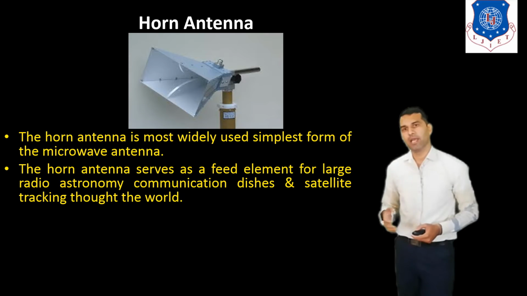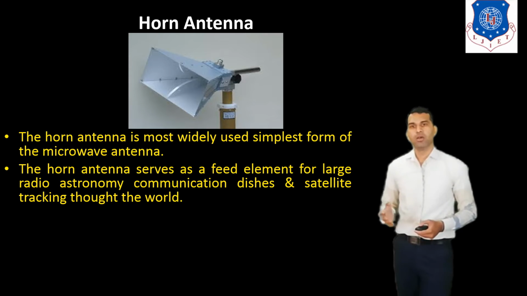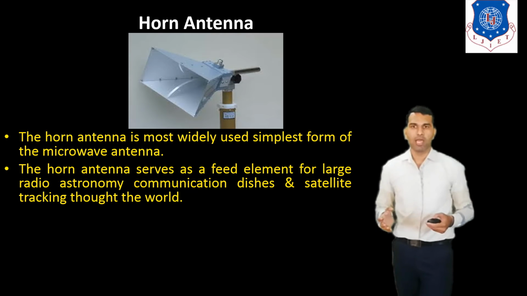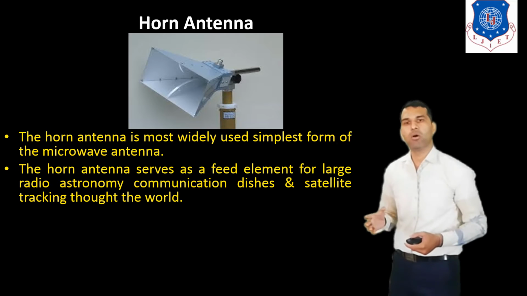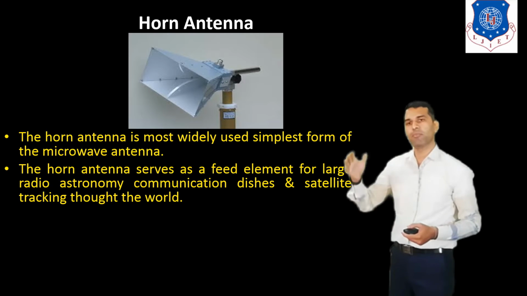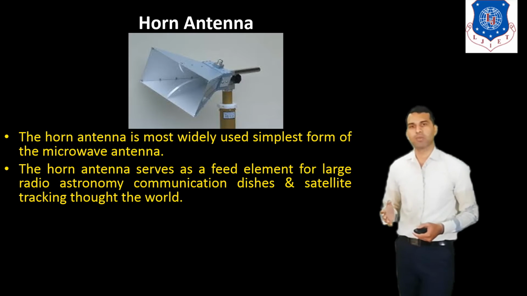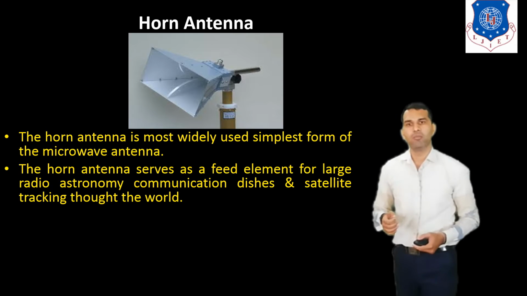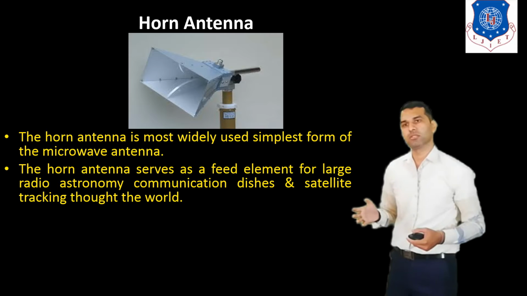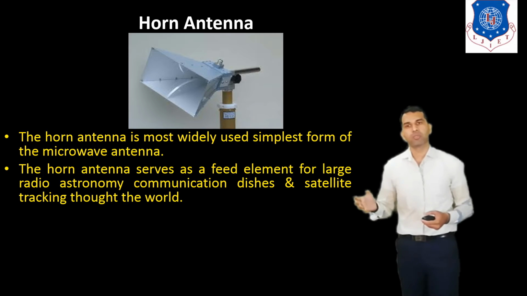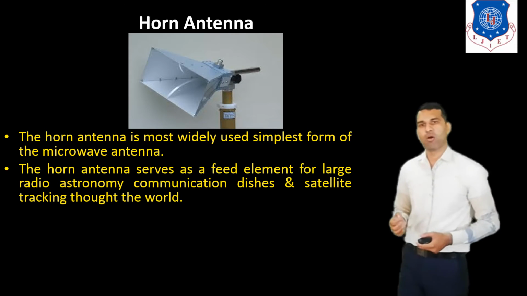We studied in the parabolic antenna that for the primary antenna we use the horn antenna, and we know that the parabola, known as the reflector, is nothing but a passive element. This is the secondary antenna, the parabola, and for the active element we give the horn antenna.